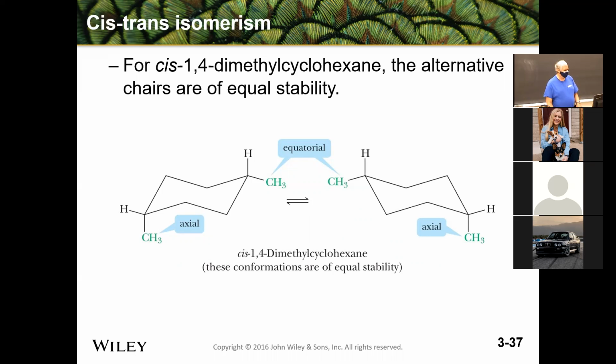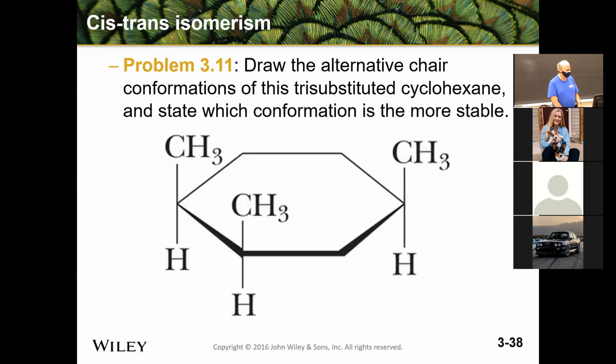The trans had both methyls axial or both methyls equatorial. So to go from the trans, which was on the previous slide, to the cis, that would have involved, for example, removing a methyl here and moving it down to the lower position to go from trans to cis.